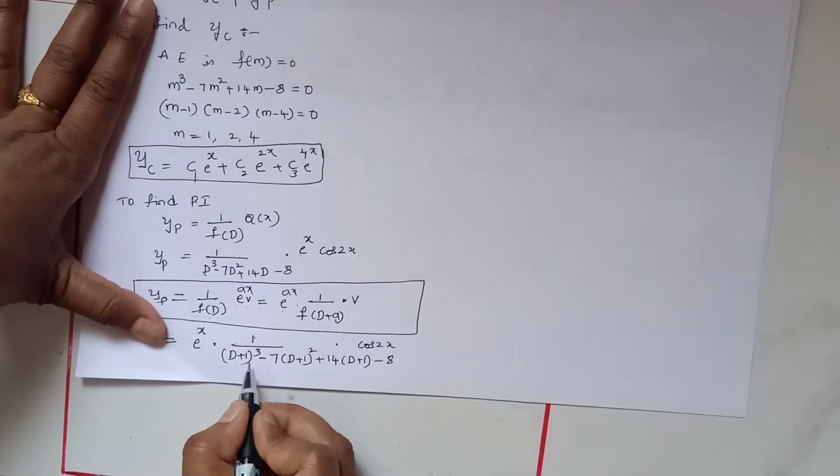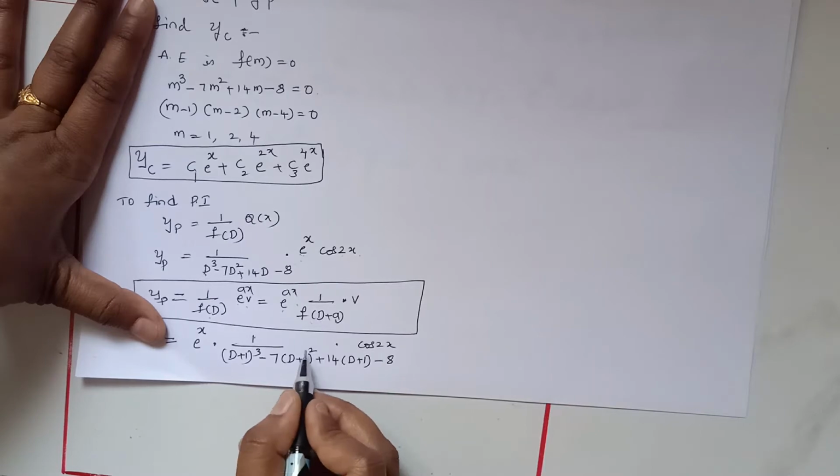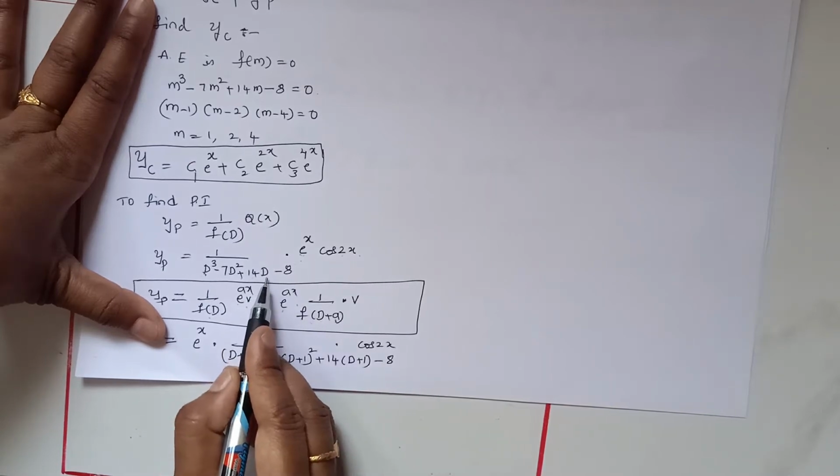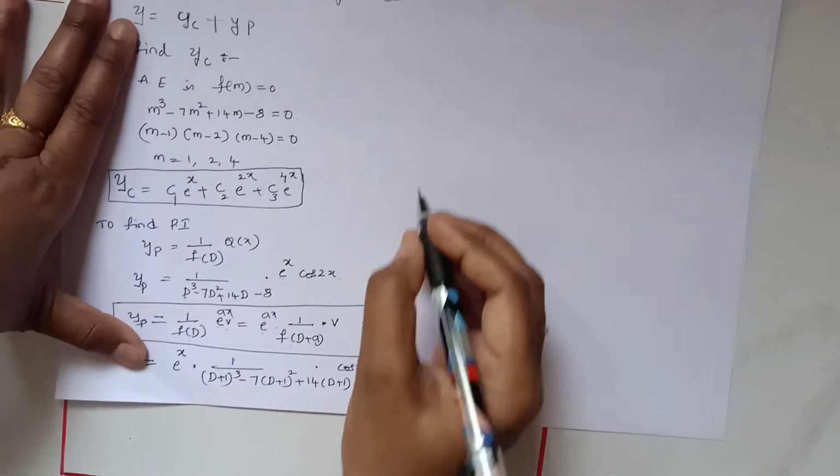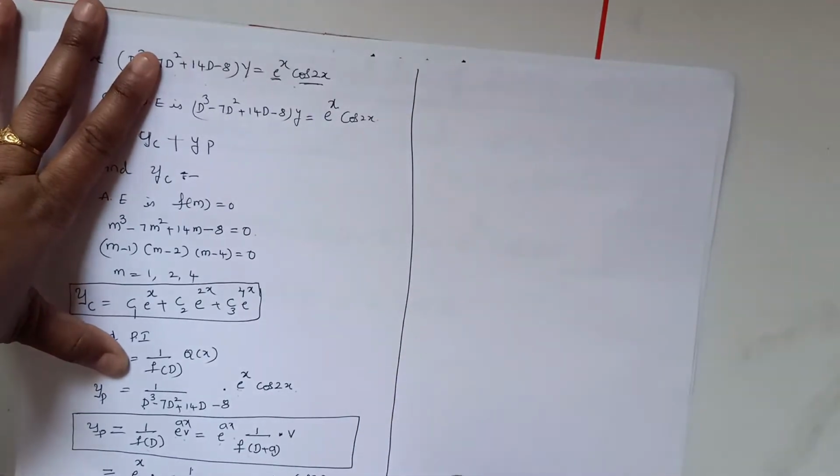We get (D plus 1) whole cube minus 7 (D plus 1) whole square plus 14 (D plus 1) minus 8 into cos 2x. Now we need to simplify this.